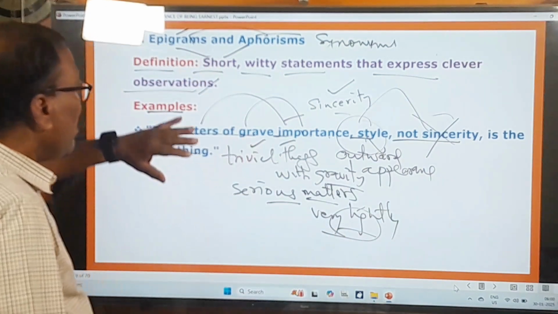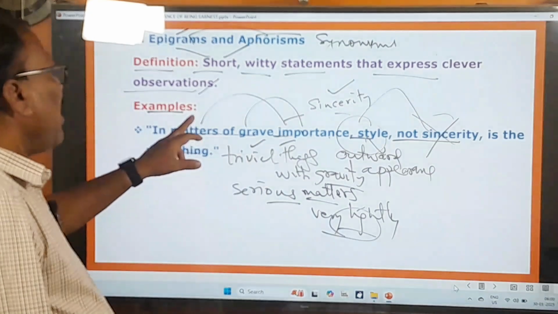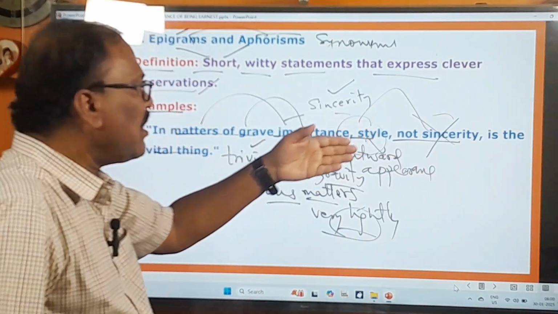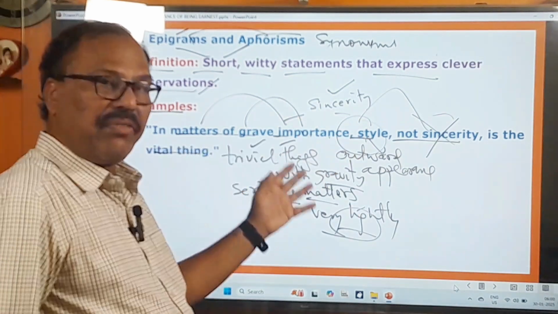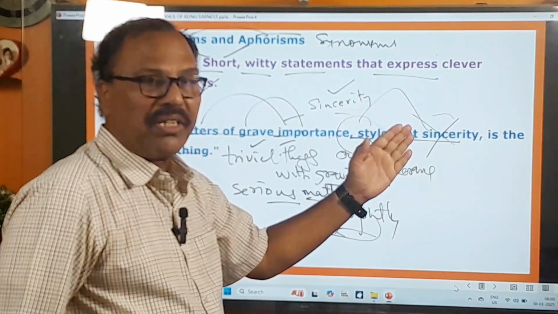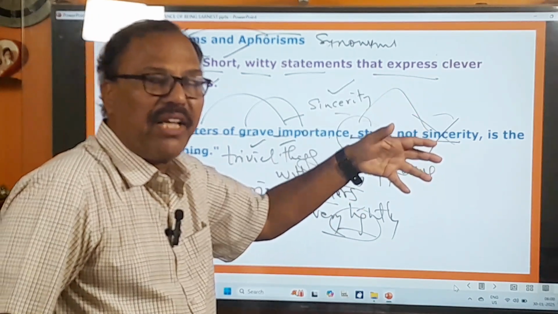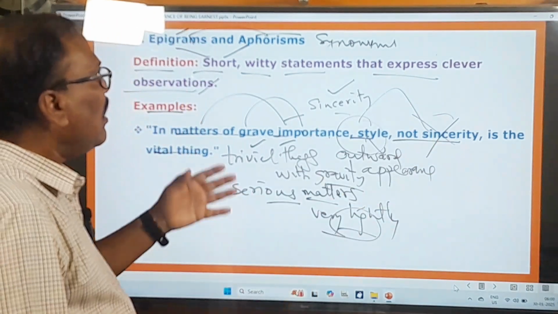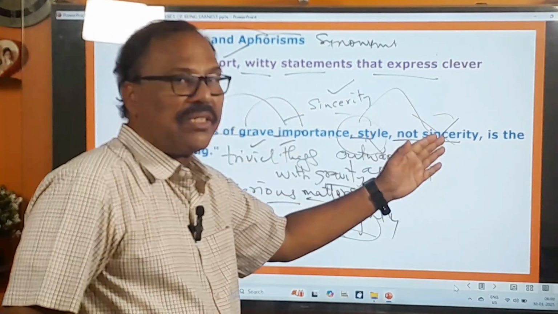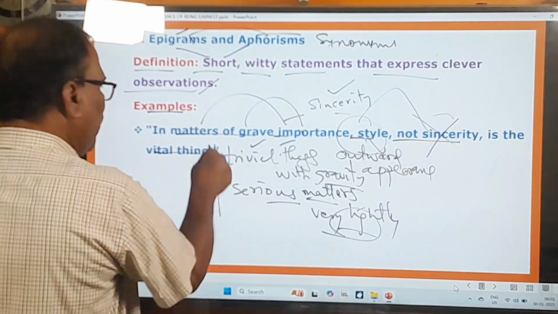So that's why Gwendolen says these words, in matters of grave importance, style, not sincerity, is the vital thing. That means she suggests that style of something is more important than the originality of that thing. In that way, she prioritizes style over sincerity. This is actually the meaning of this.